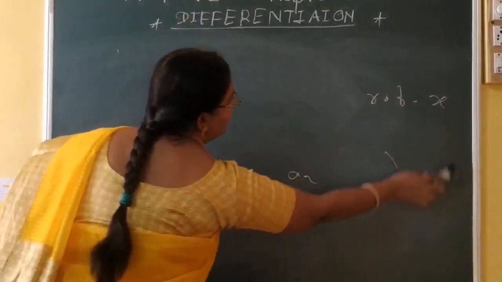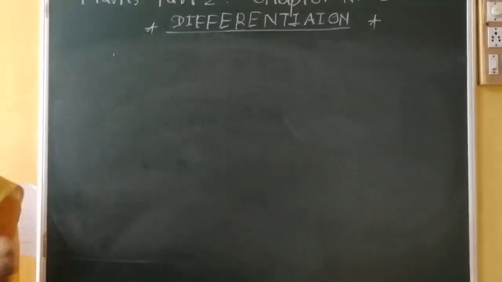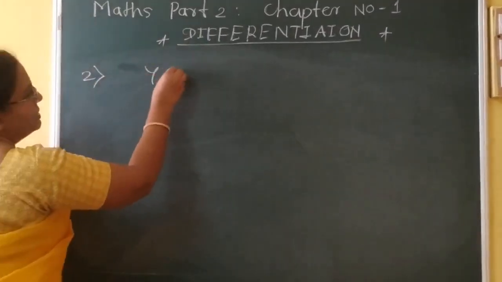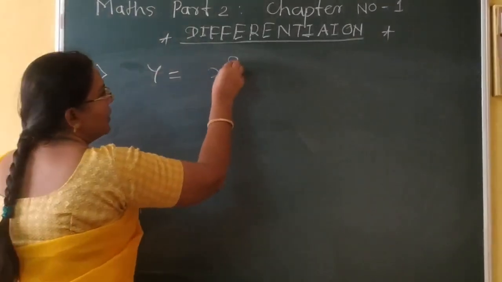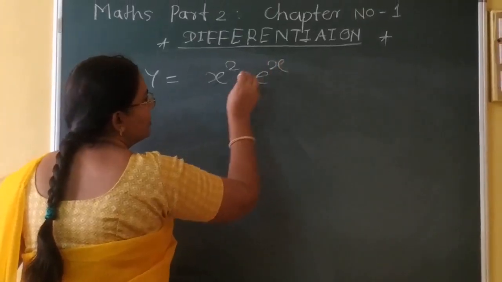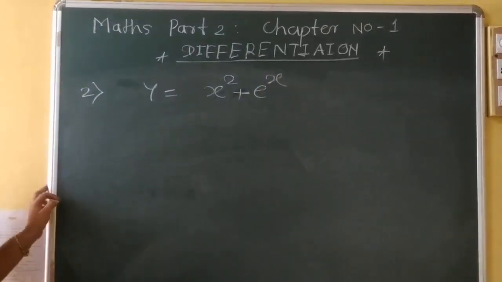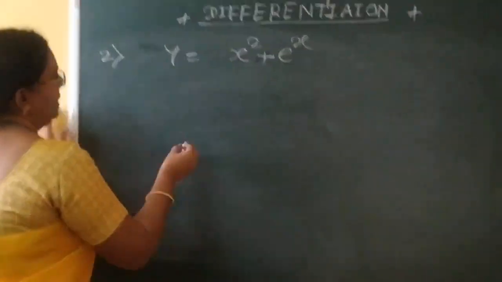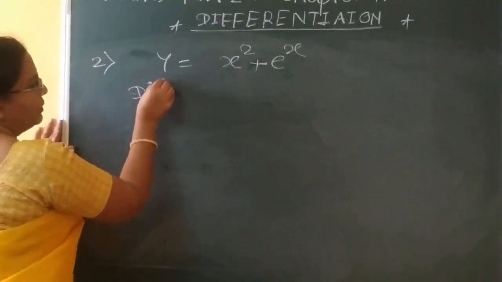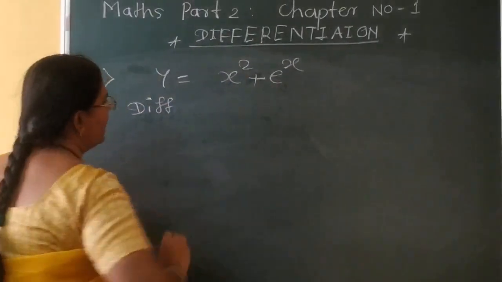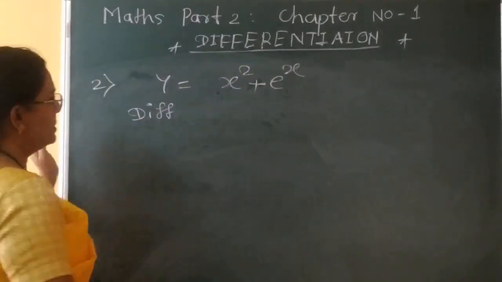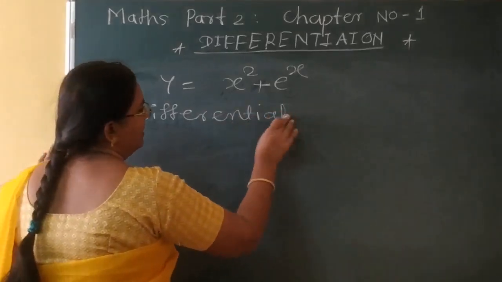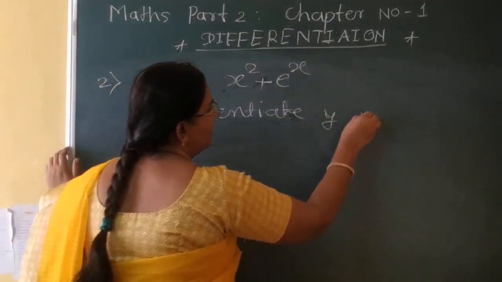Again, one more example, a second example for this rule. Suppose y is equal to x square plus e raised to x, an addition of two functions. Taking the derivative of these two functions, differentiate y with respect to x.